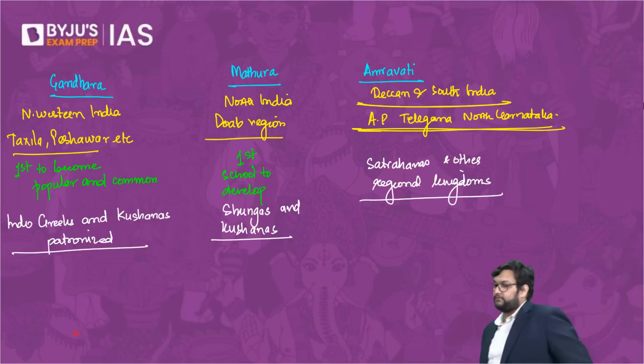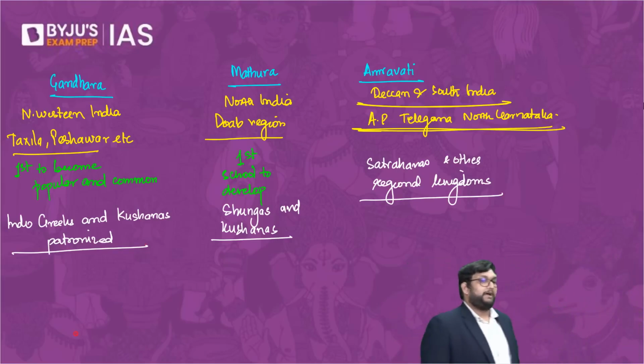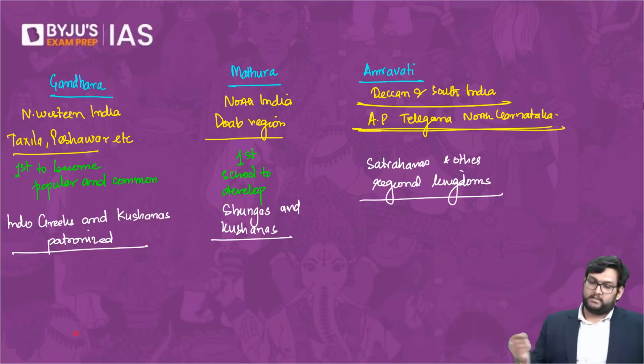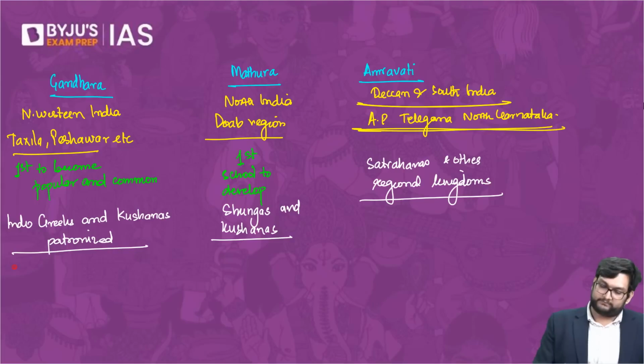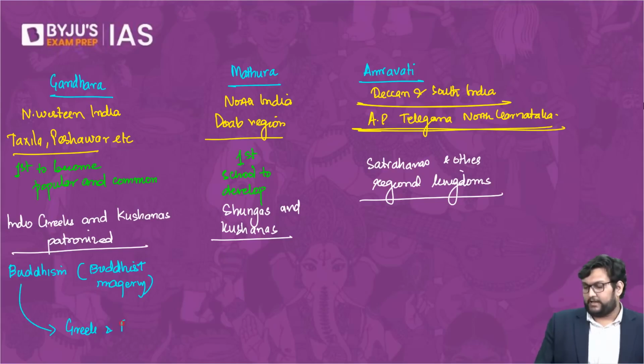Thereafter, you have the concept of Buddhism or Buddhist imagery, and you have Greek and Buddha images. So Mahayanic Buddhism.